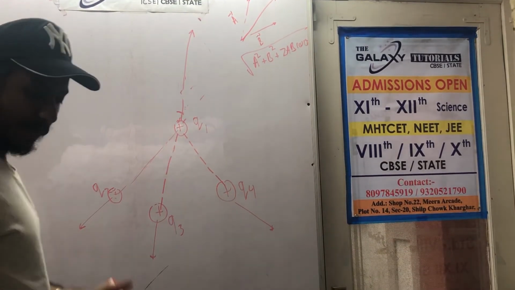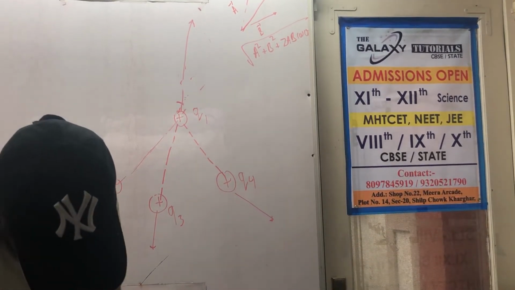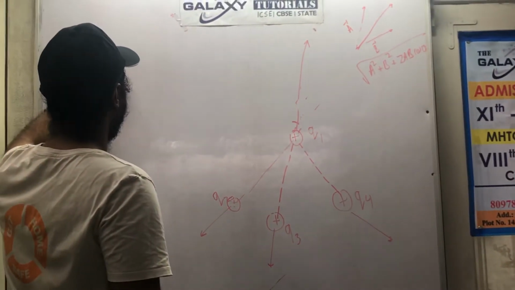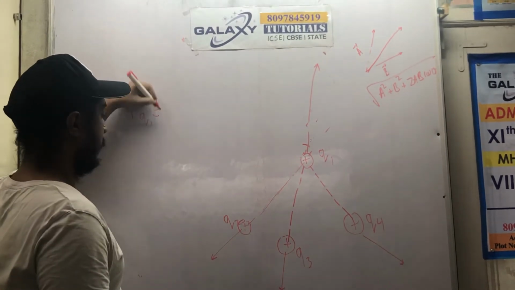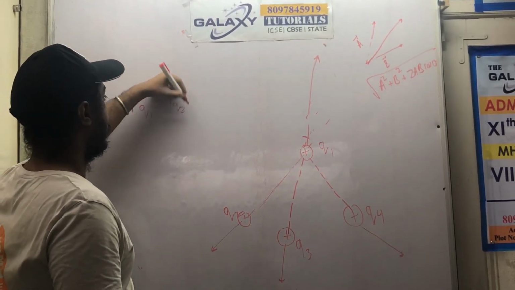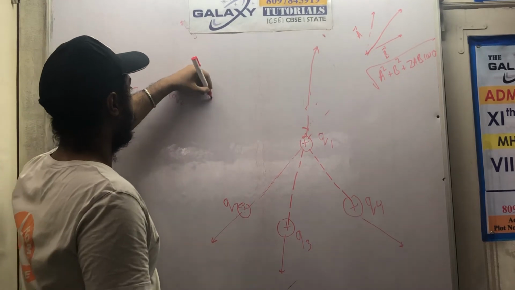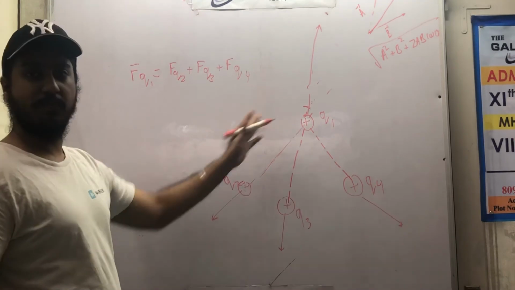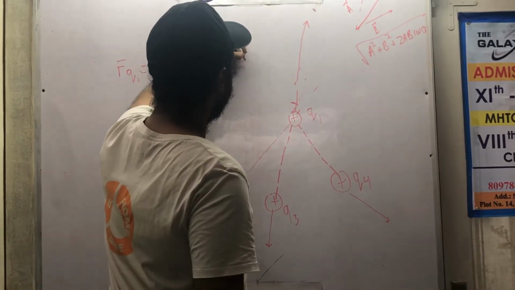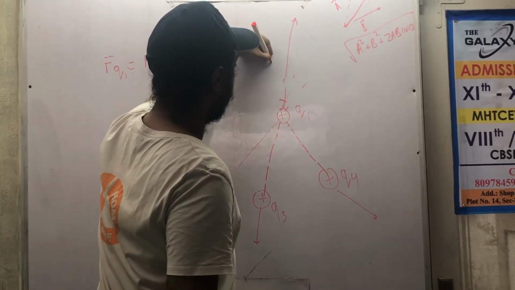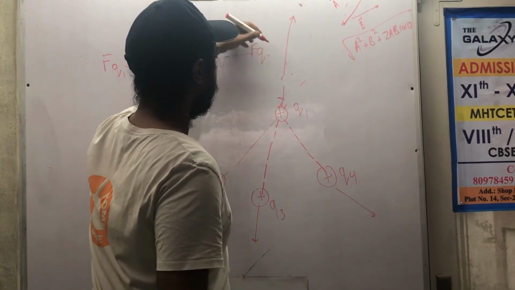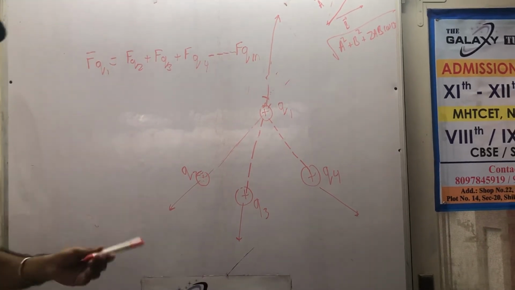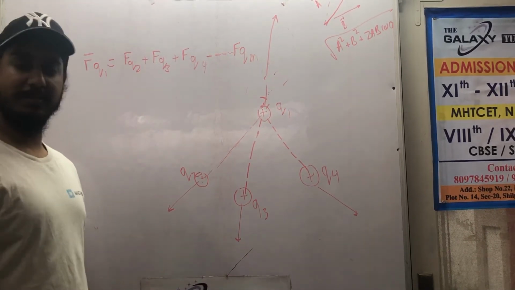In simple terms, the force F on Q1 is equal to F due to Q2 plus F due to Q3 plus F due to Q4. If there are n charges, it will be the sum up till F due to Qn.